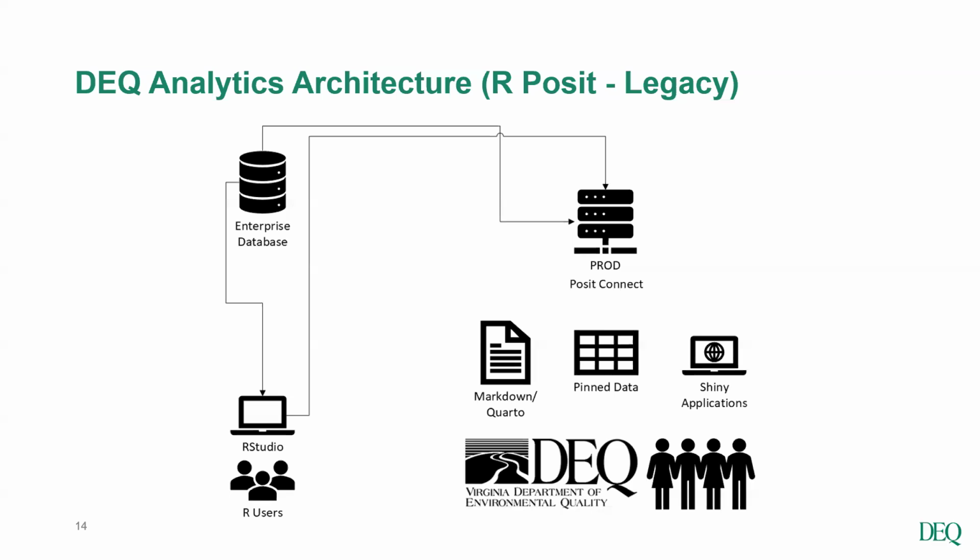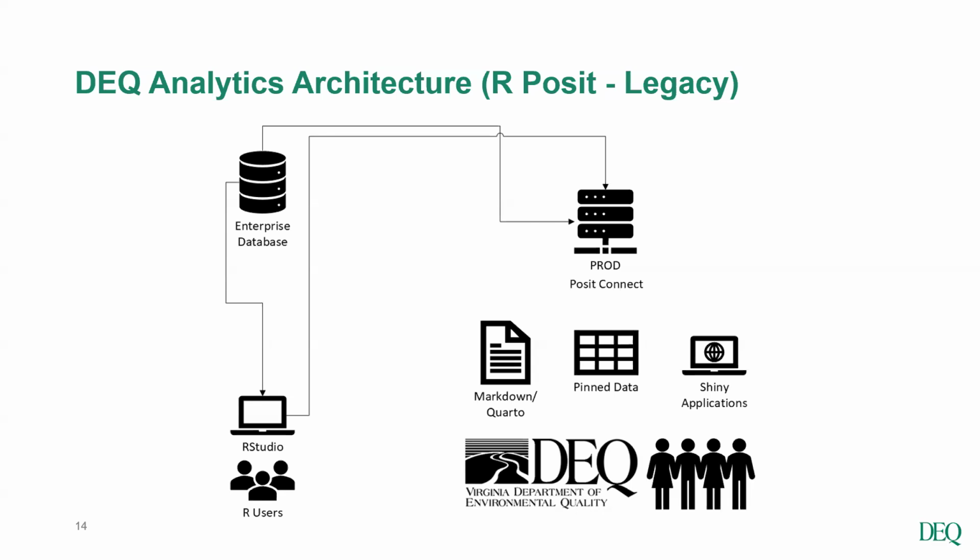Our first instance of Posit Connect was introduced around 2019. This instance allowed our users to leverage RStudio to develop content, interacting with our enterprise database, and push that content to a single instance of Posit Connect.